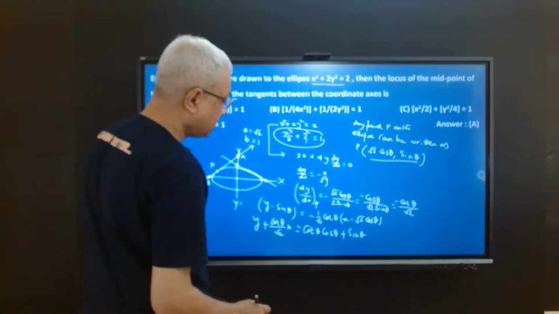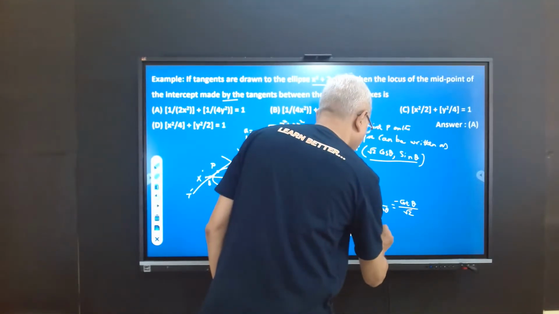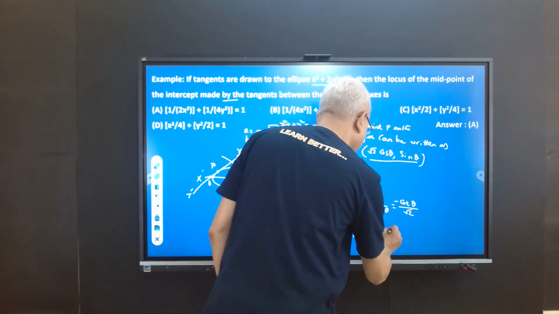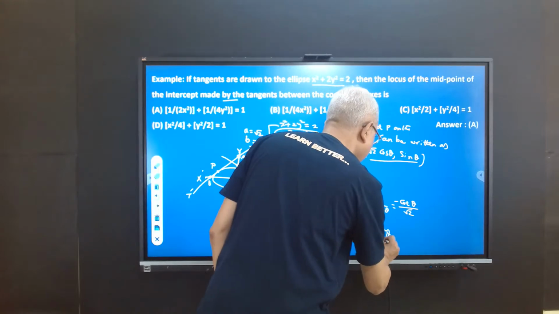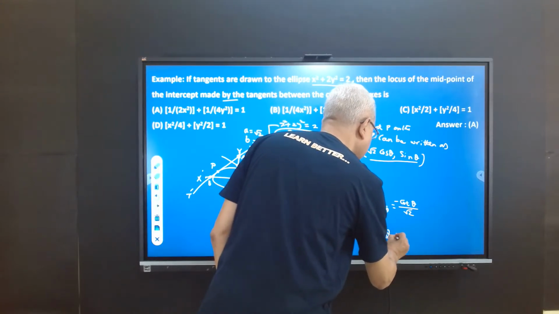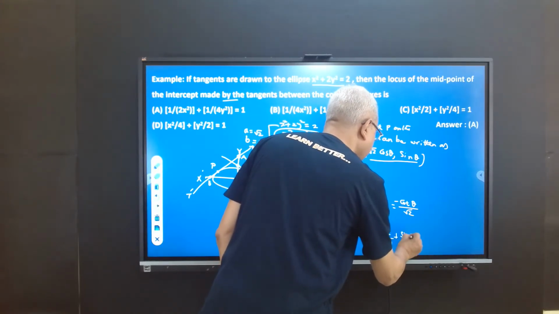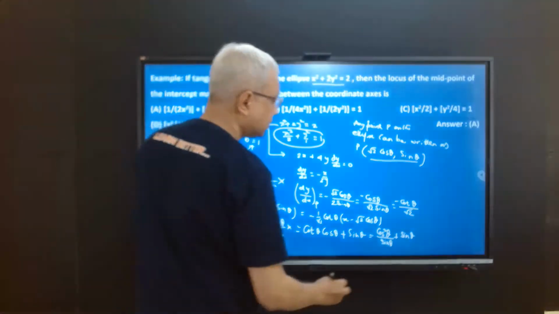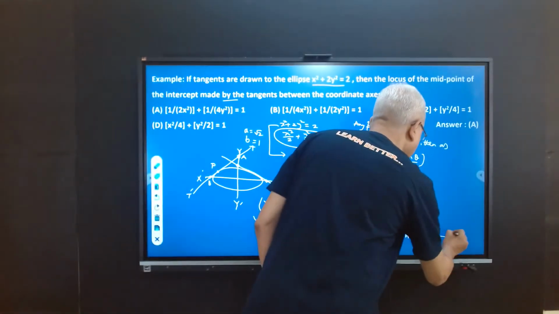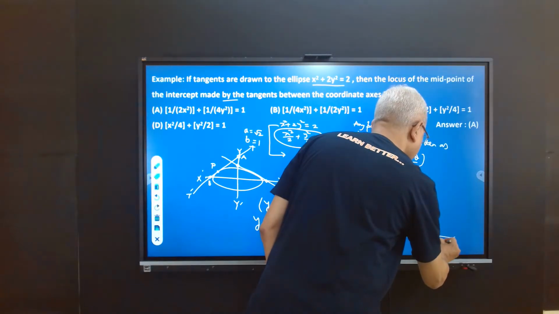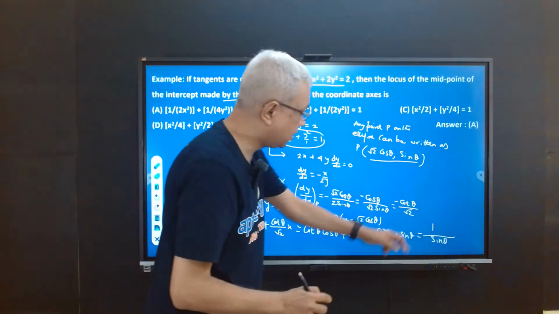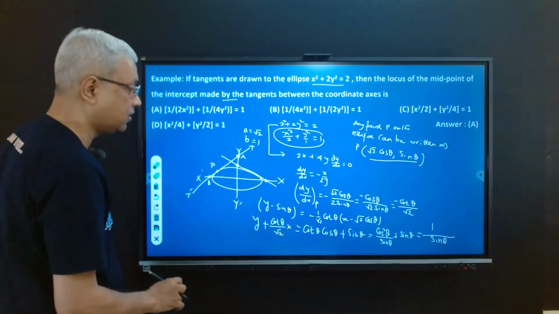So it is how much? So it is cos square theta by sin theta plus sin theta. So it is 1 by sin theta only, because cos square theta plus sin square theta is 1, so it is 1 by sin theta.